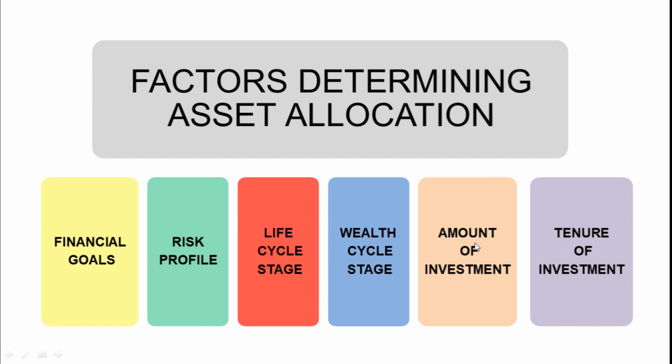Amount of investment means how much money you have for investment so that your family's finances are not disturbed and stability is maintained. Tenure of investment is the timeline for your financial goal to be achieved and for your particular investment. So all these factors together determine in what asset classes the money should be allocated.